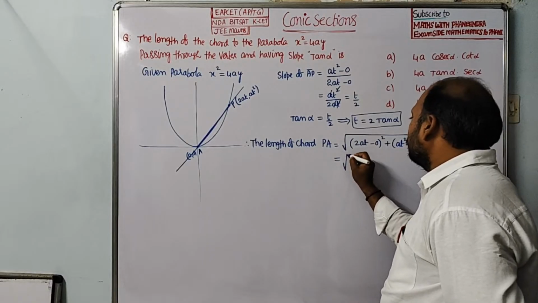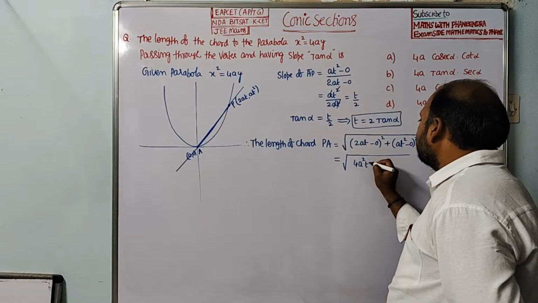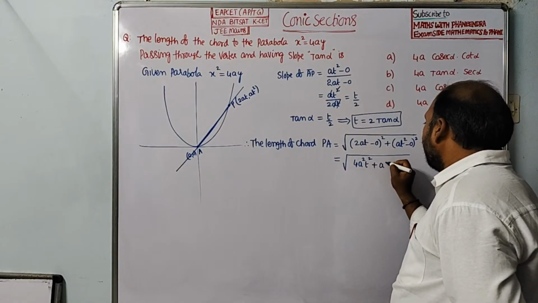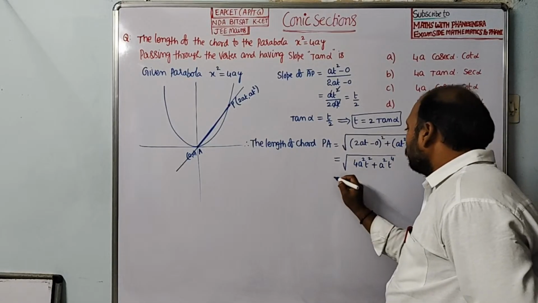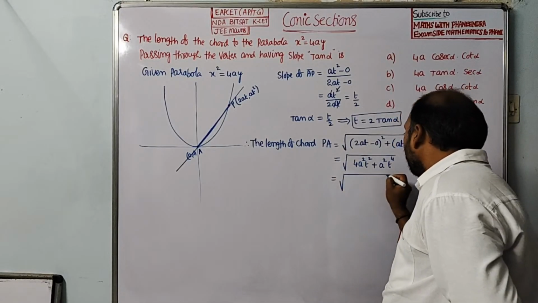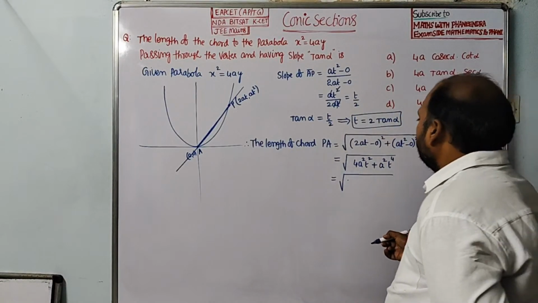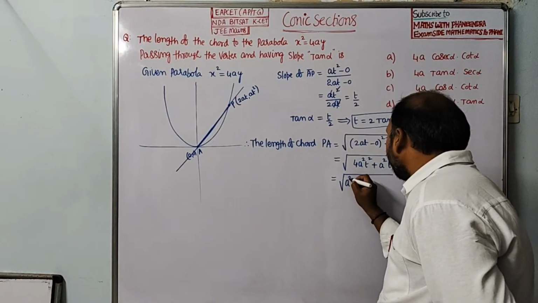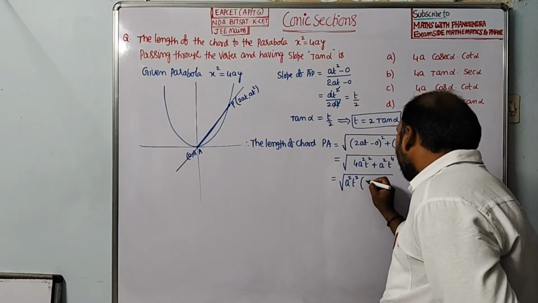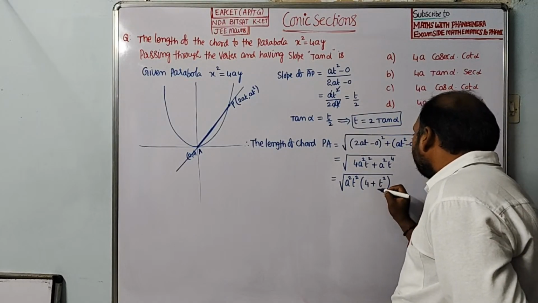So which is equal to root over 4a square t square plus a square t power 4. So that is equal to root over a square t square take common, remaining is 4 plus t square.